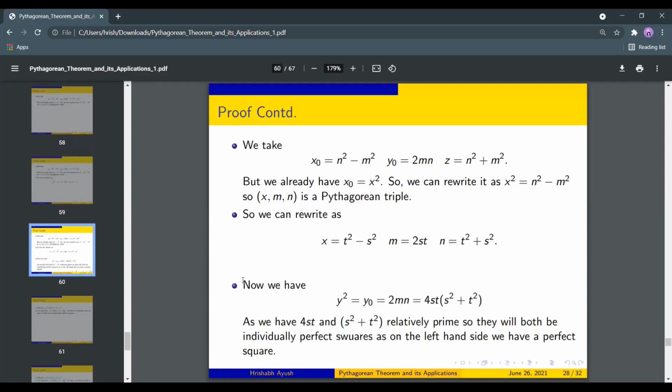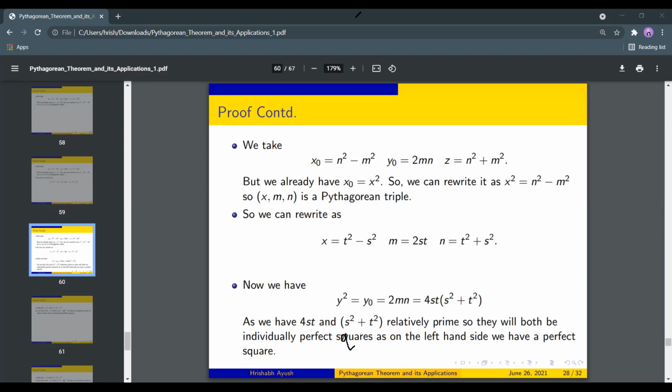Okay, so now we do the similar thing for y naught as well. So we can take y square equals y naught, which is equal to 2mn equals 4st times s square plus t square. But we found that 4st and s square plus t square have to be relatively prime so that they could match up with y square. So that they can match up with the left hand side that was y square.